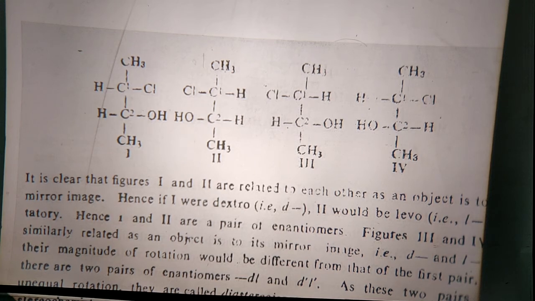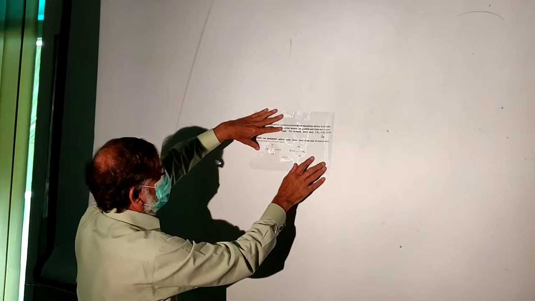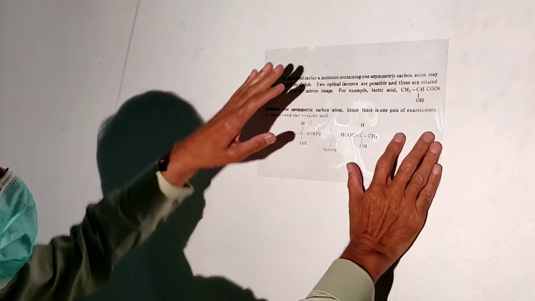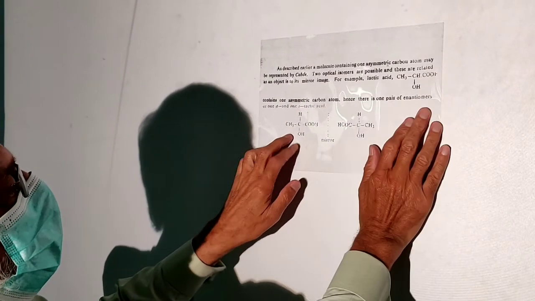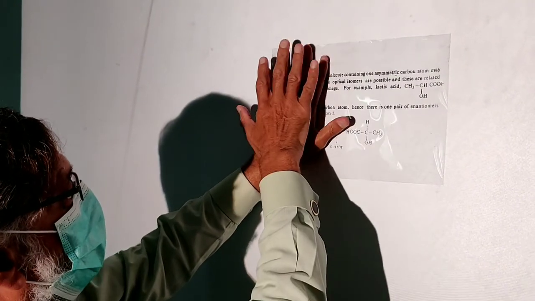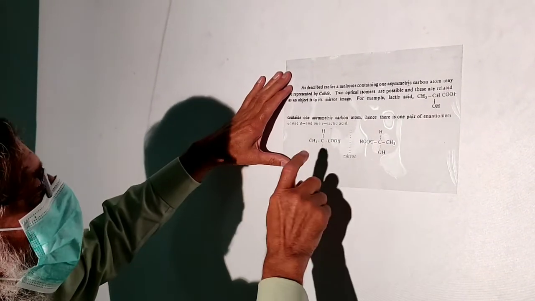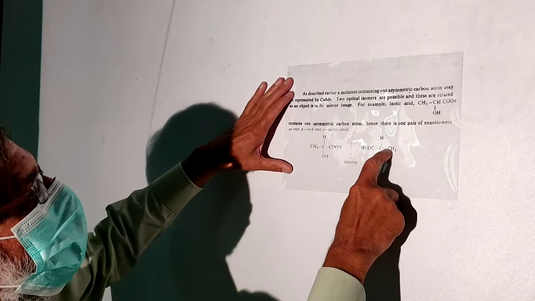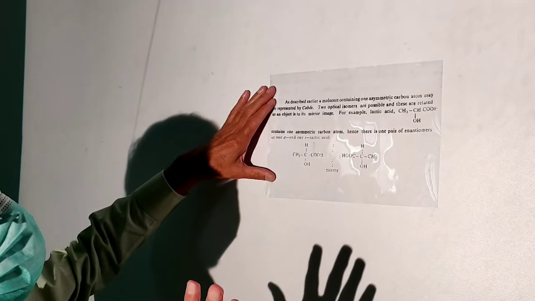As I mentioned to you, this is object to mirror image, like this, mirror is there, non-superimposable. So this is the compound lactic acid, which contains one asymmetric carbon atom. With one asymmetric carbon, only one pair is possible.